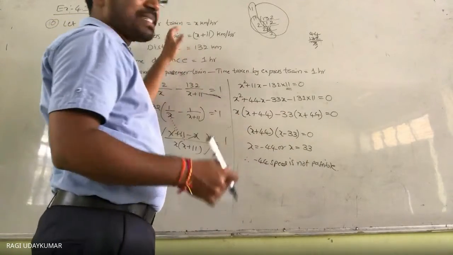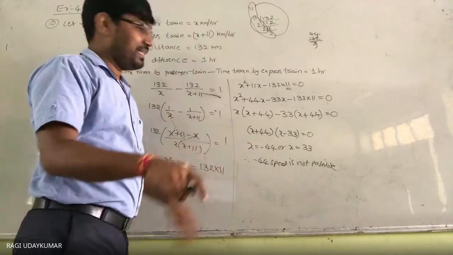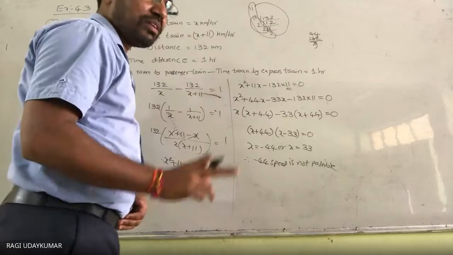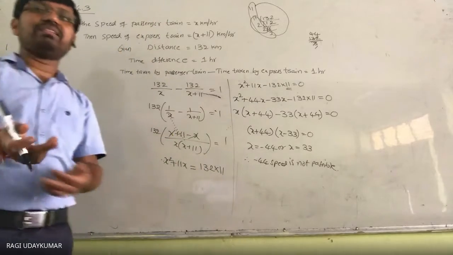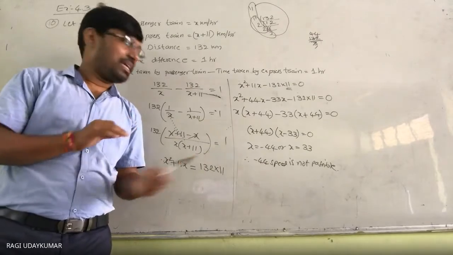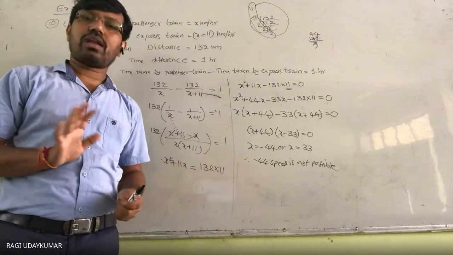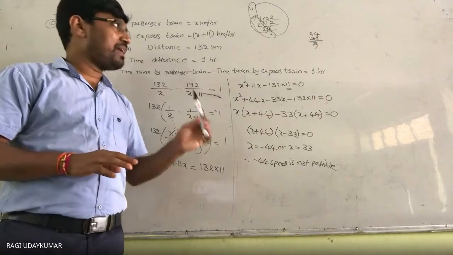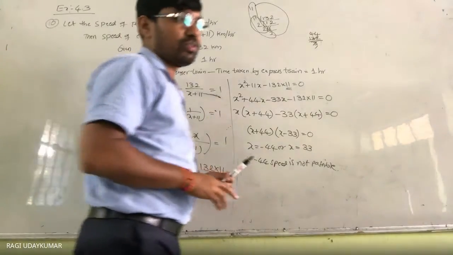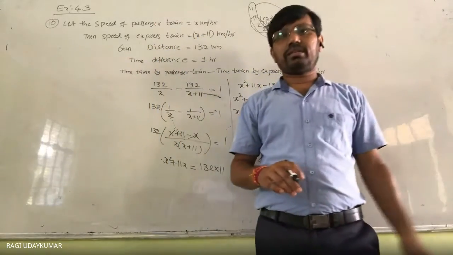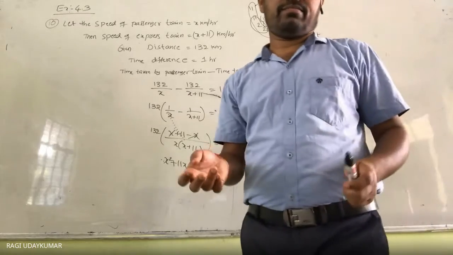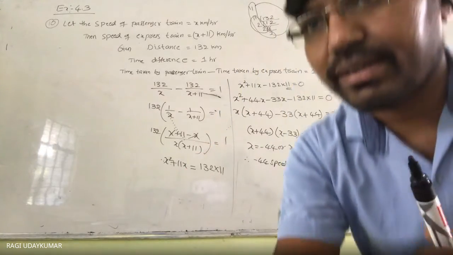The speed of the express train is 33 plus 11, which is 44. Do remember that: 33 plus 11 gives 44, that doesn't mean the 44 was taken as positive. The speed of the passenger train is 33 kilometers per hour and the express train is 44 kilometers per hour. Did you understand?